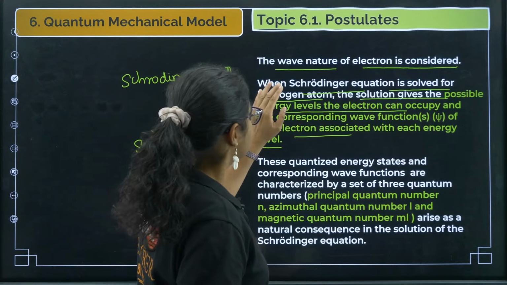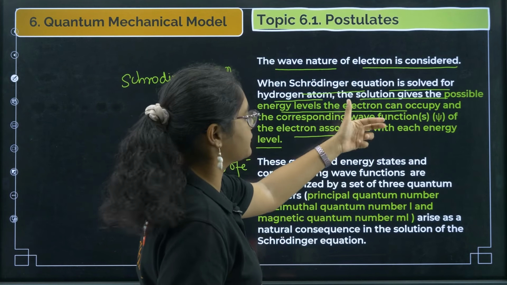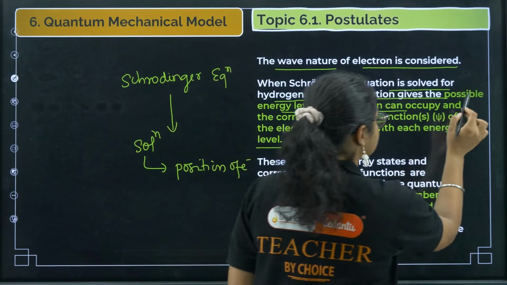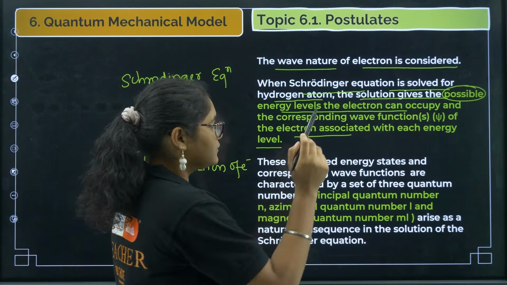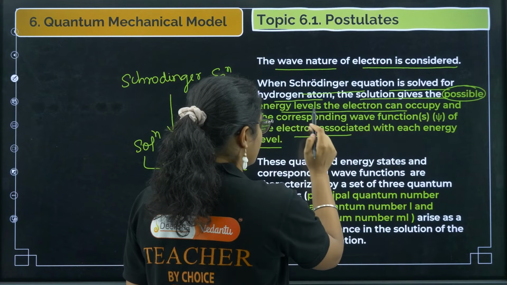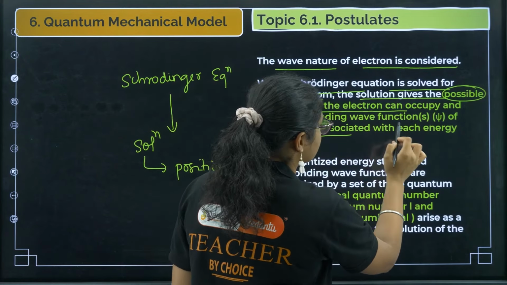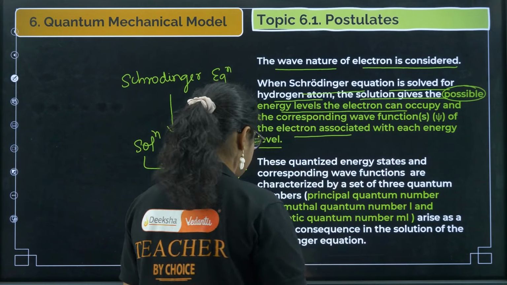So now you see, when the Schrödinger equation is solved for the hydrogen atom, the solution of this equation gives the possible energy levels. Here you can see the word possible, which means it talks about probability. The solution gives the possible energy levels the electron can occupy and the corresponding wave function of the electron associated with each energy level, okay.